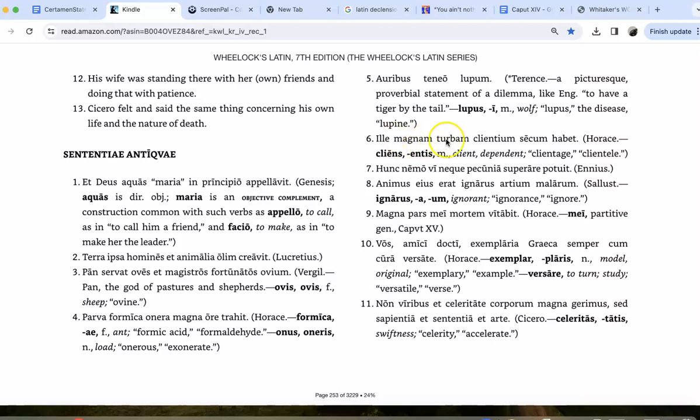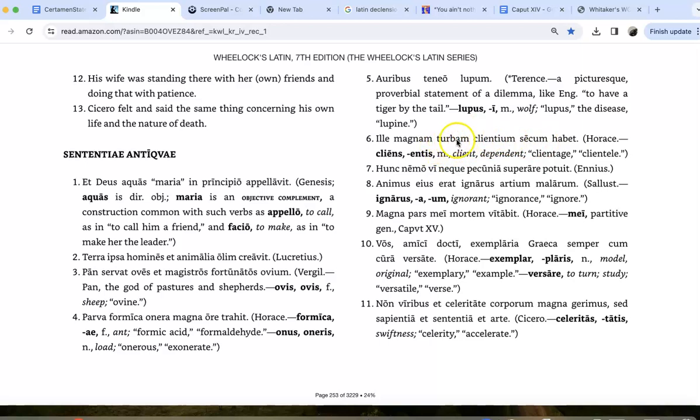He, large, crowd, clients, with him, has, but then we want to put it in more standard intelligible English. He has a large crowd of clients with him.